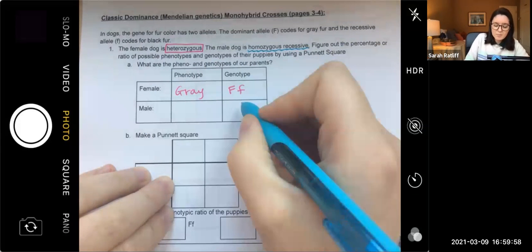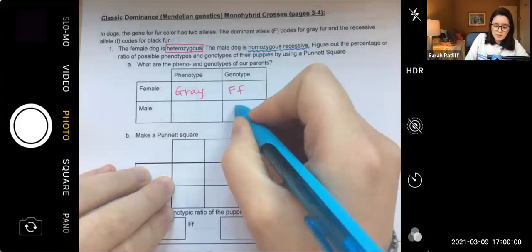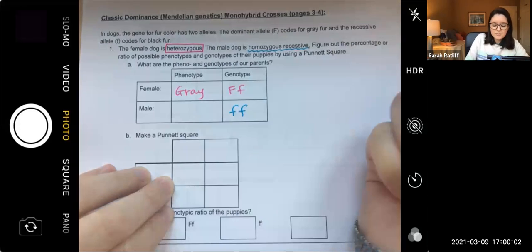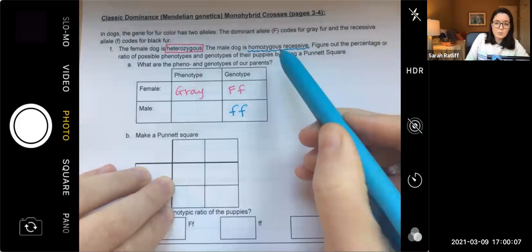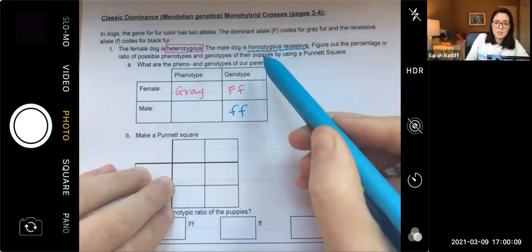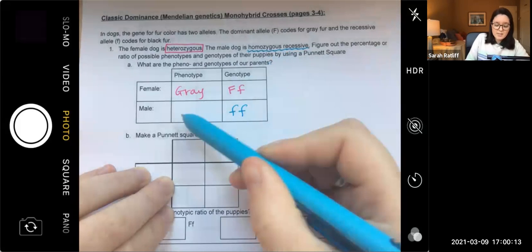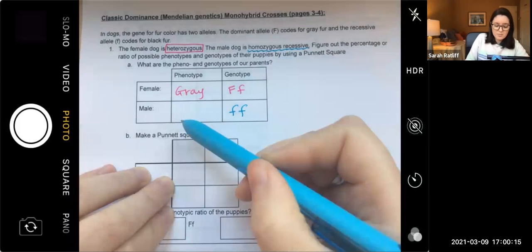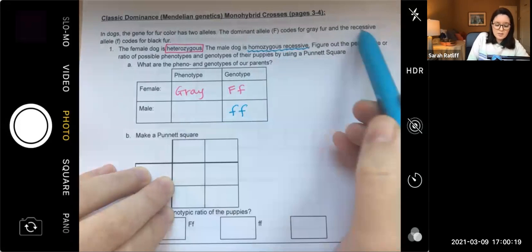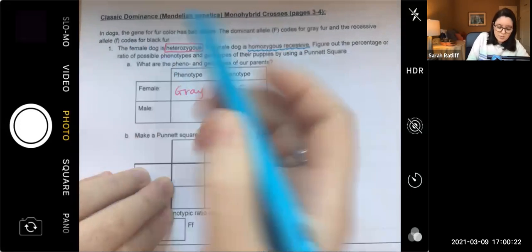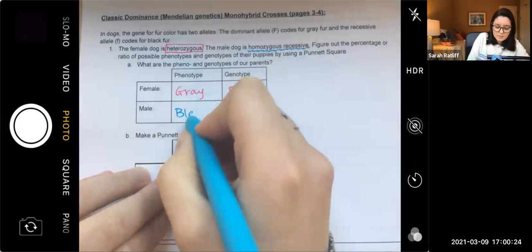And he's homozygous, meaning the same capitalization, so we'll have a little f and a little f. When we have homozygous recessiveness in classic Mendelian genetics, that means they will be the recessive phenotype. In this case, the recessive allele codes for black fur, so our male here will have black fur.